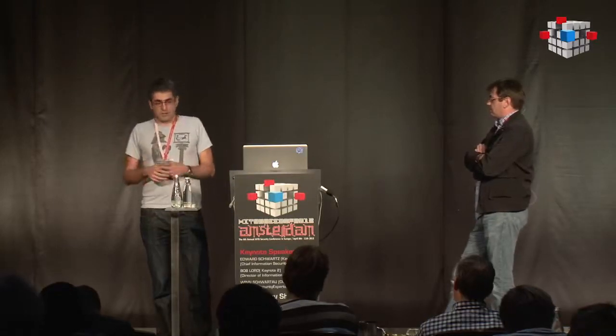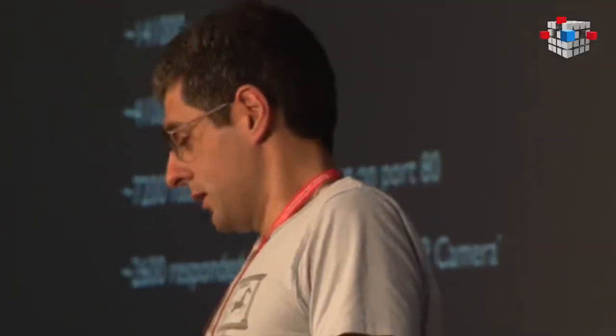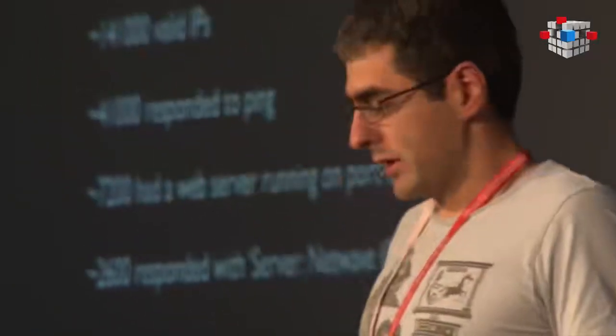One of the biggest problems with these cameras is that the way vendors recommend setting them up is broken, is very bad. That's why people just do port forwarding on port 80 and expose their cameras to the internet. Out of those, there were actually 2,600 cameras which I was looking for.